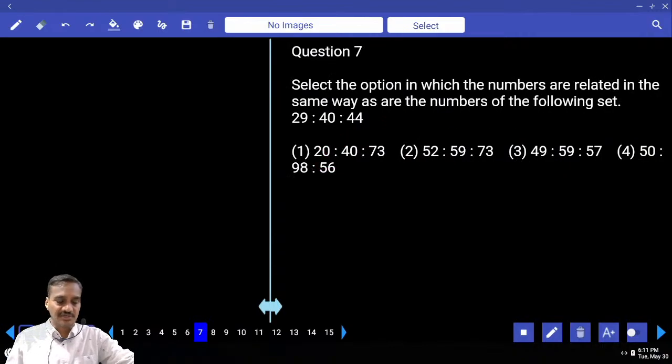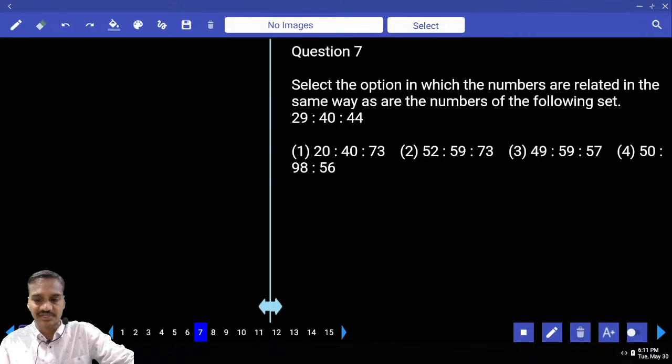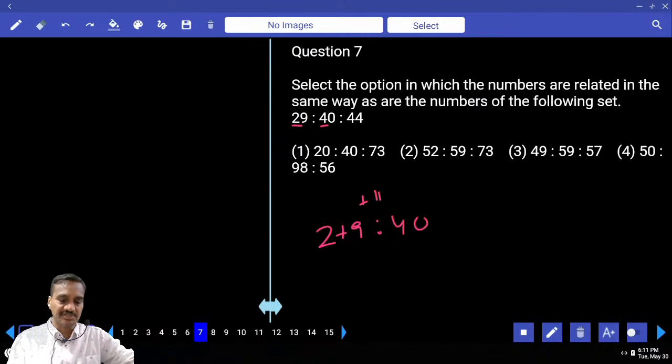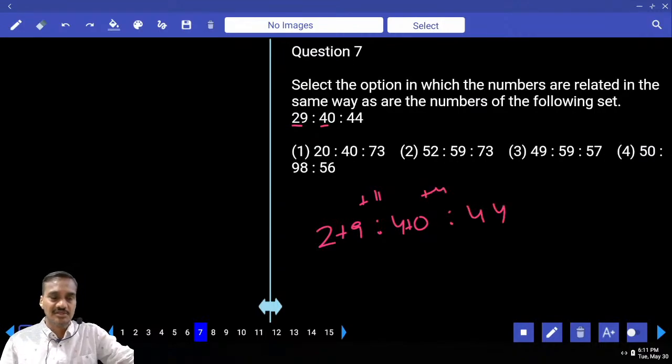Seventh one. Select the option in which the numbers are related in the same way. Now 29 and 40. 2 plus 9 is how much? 11. 29 plus 11 is 40. The sum of the digits in the number is added to the number. Similarly here, 4 plus 0 is 4, and 40 plus 4 is 44. The sum of the digits in this number is added to this number.